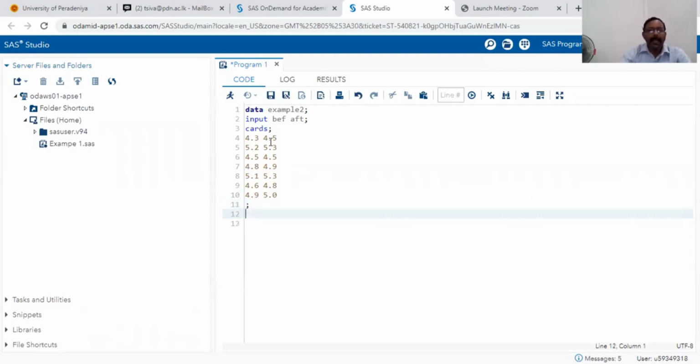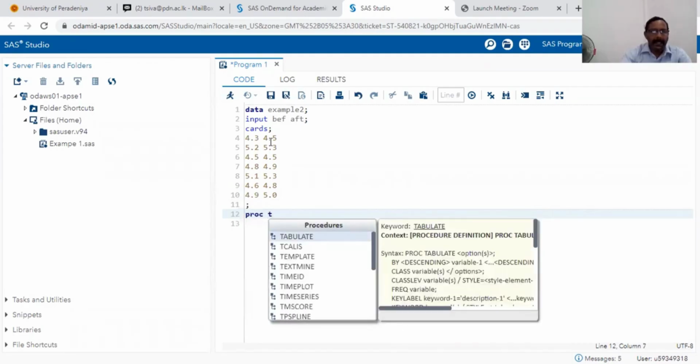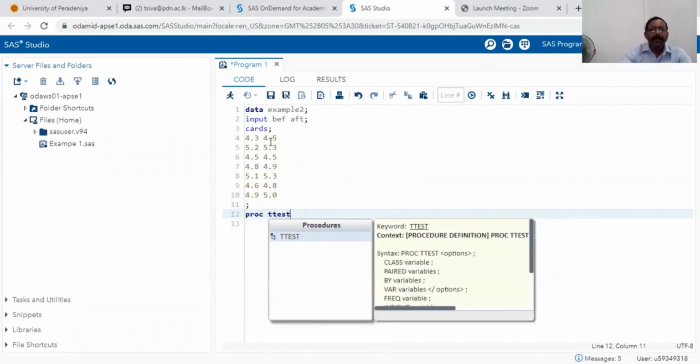Right. Now we can say again t-test. Here, we can do the t-test in two ways. One is the t-test. Can you remember what did we do theoretically when you have dependent samples?